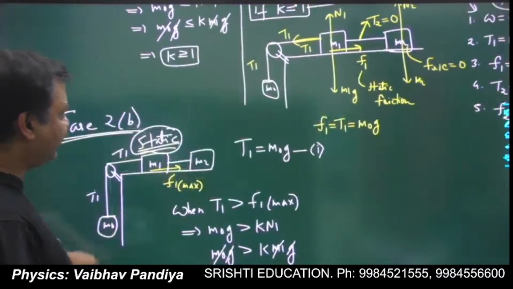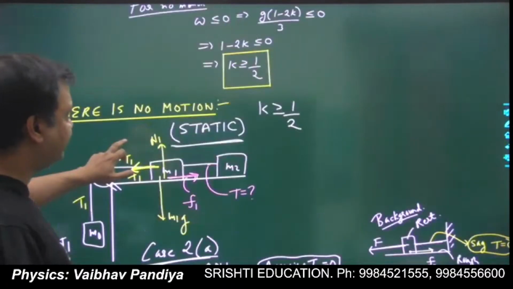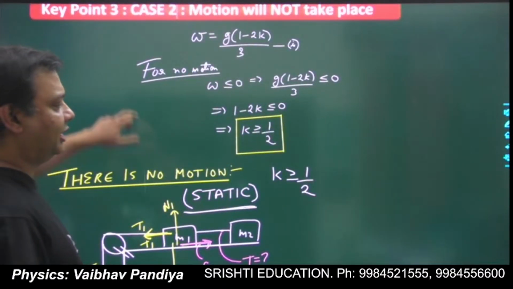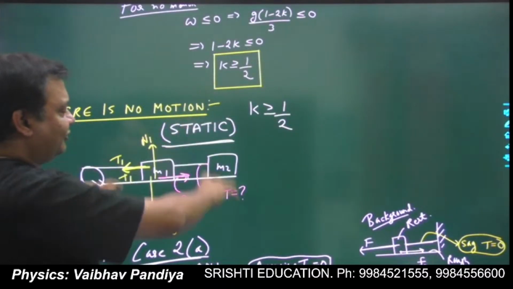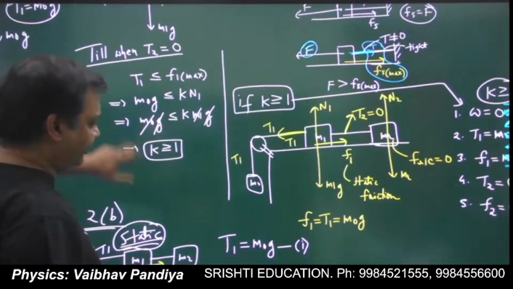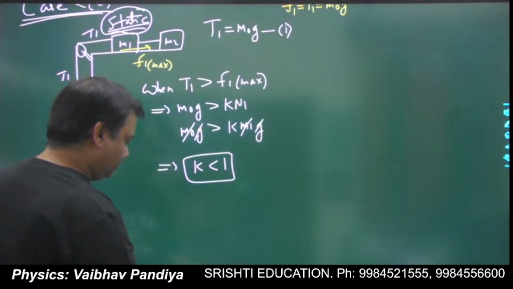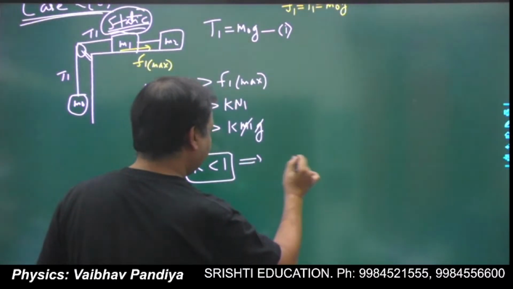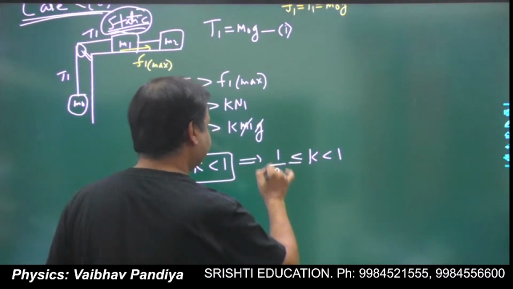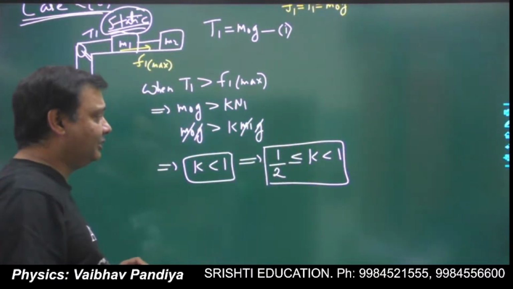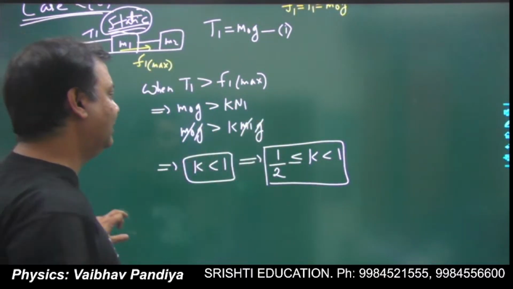And for the second case, we have seen K is greater than or equal to half. So both of these are special cases of case 2, and you can include this intersection in solution 2. So when K is less than 1 and greater than or equal to half, then this case will follow.